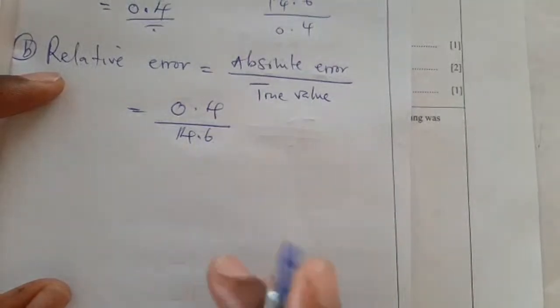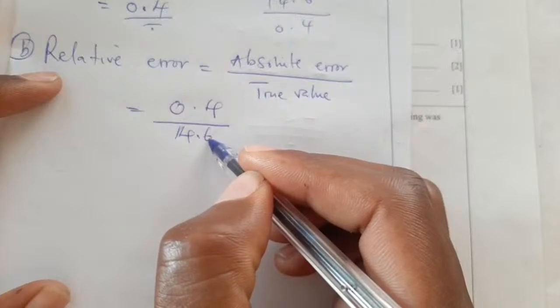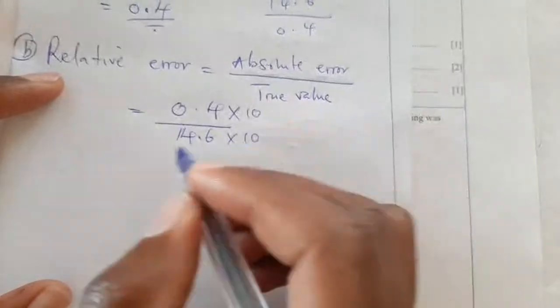We can still simplify it further. We need to remove the point, and the highest decimal place is just 1, so we multiply by 10 on both sides.